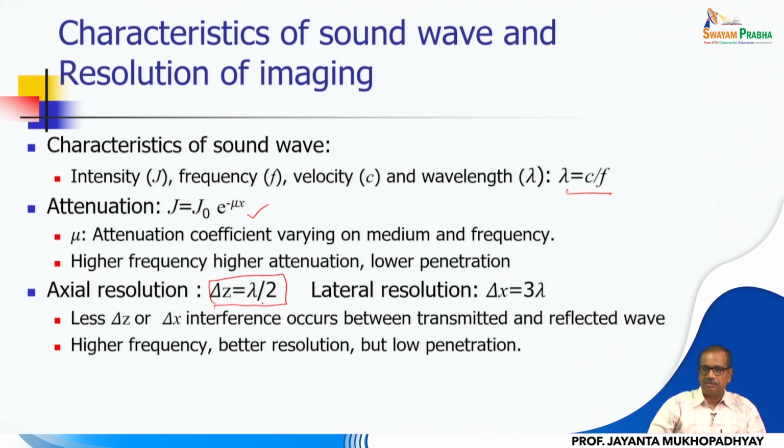And for the lateral resolution, because in some modes we also scan the body with these acoustic waves laterally, the reflections also spread, and practically 3 lambda is the lateral resolution. This means if you have higher frequency, you have better resolution but low penetration.